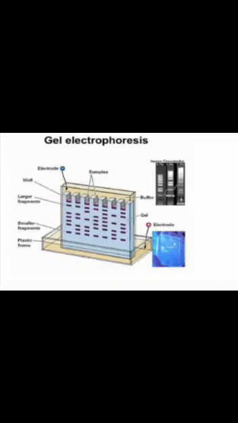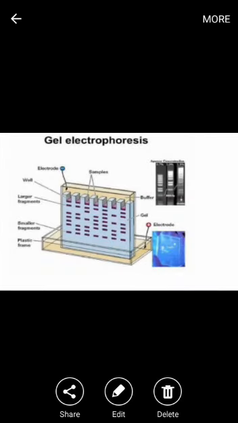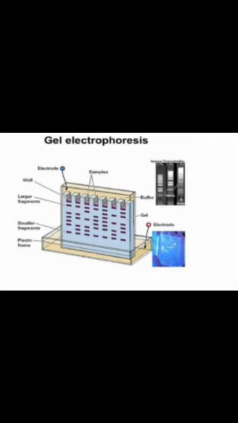Positive ions, cations, will migrate to the cathode, the negative electrode, and negative anions will migrate to the anode, the positive electrode.